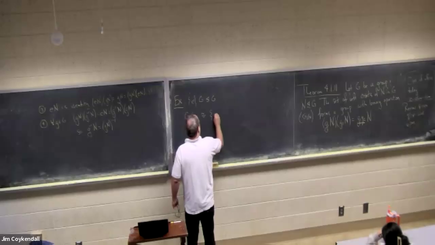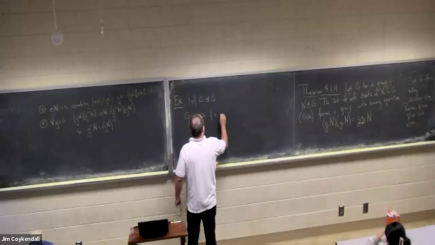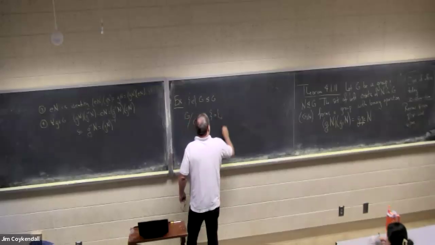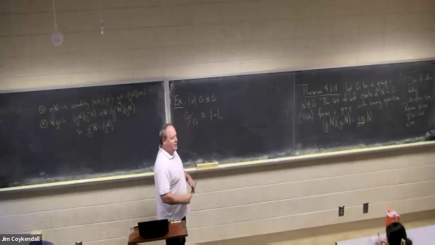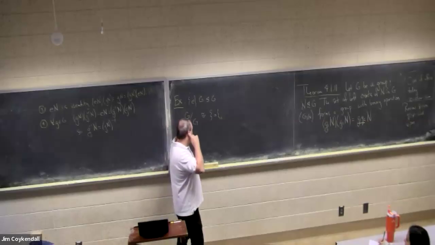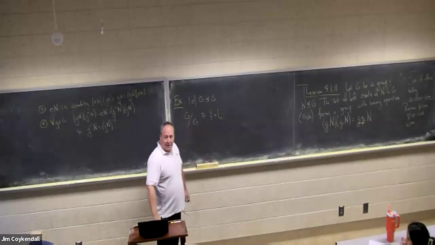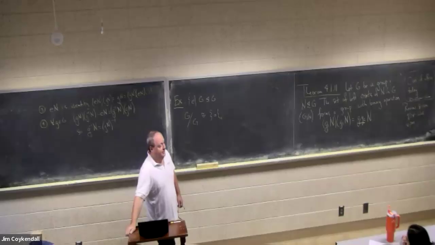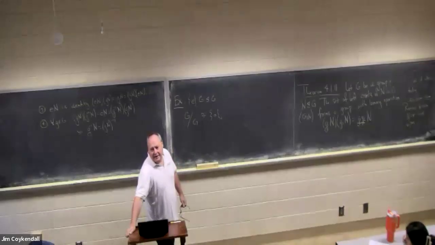Let me say it's isomorphic to zero under addition. So, in fact, this group has only one element, because there's only one coset of G in G. Right, because it's the whole group. And so now this thing is a group of one element.